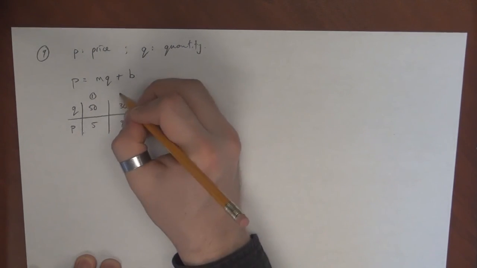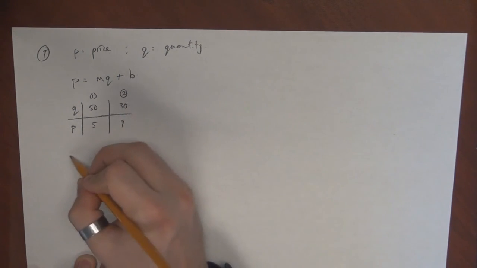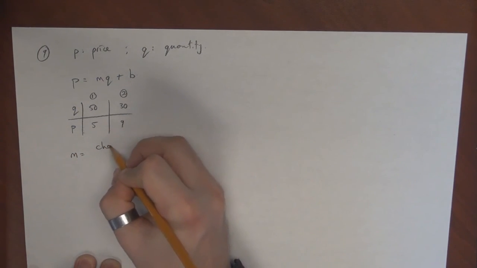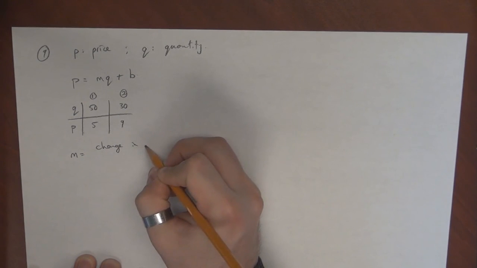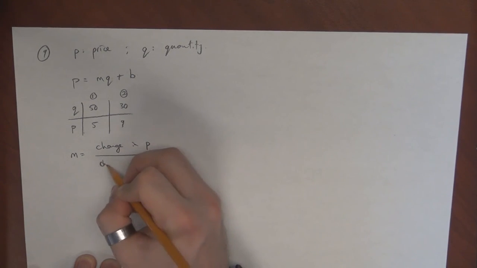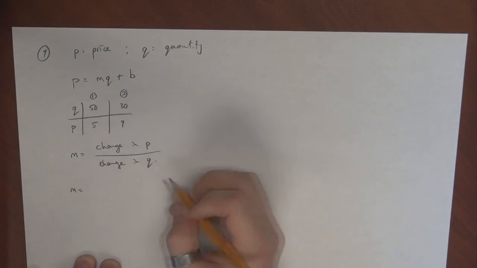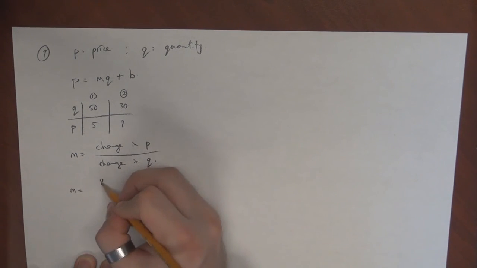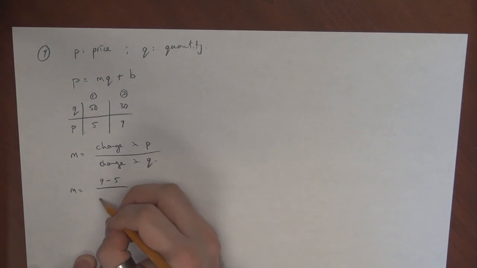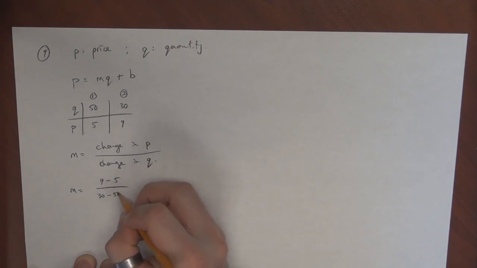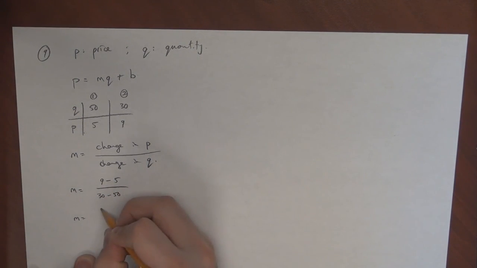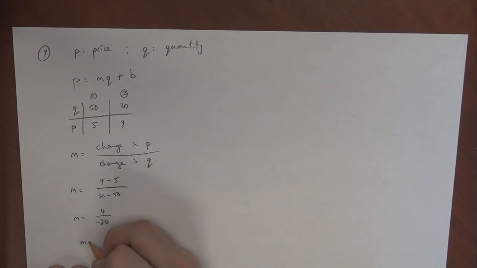So I call this point 1 and point 2. Slope is now change in P over change in Q. So P is 9 minus 5, Q is 30 minus 50. That is 4 over negative 20, or I simplify that as negative 1 over 5.